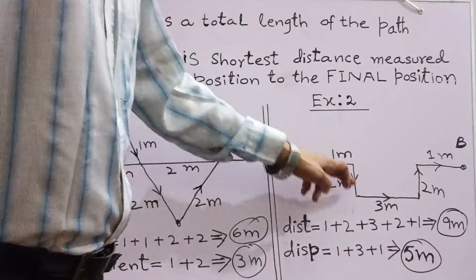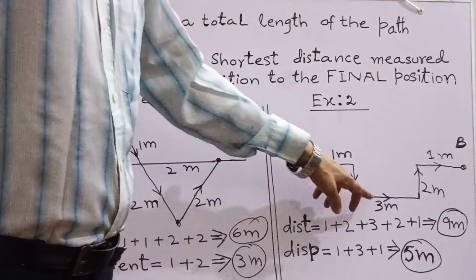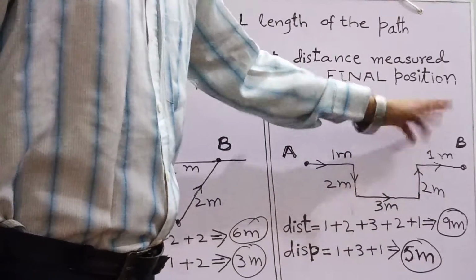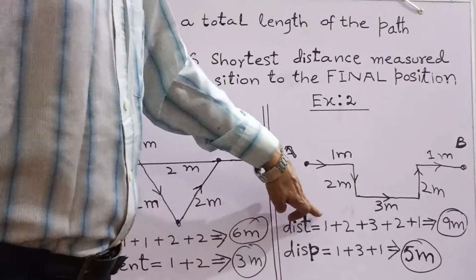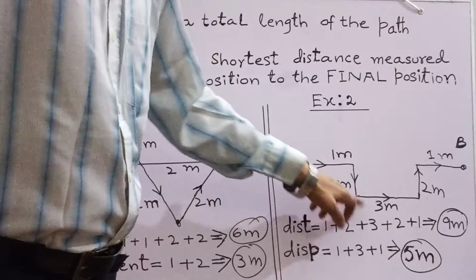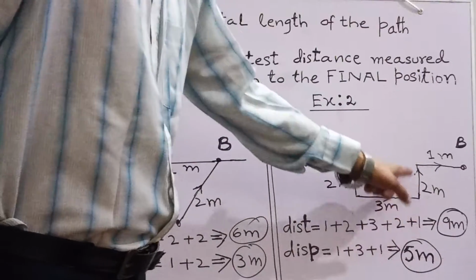Hence the length of the path covered is 1, 2, 3, 3 plus 3, 6 plus 2, 8 plus 1, 9 meter. This 1 meter, this 2, 2 meter, this 3, 3 meter, this 2 meter, and this 1 meter.